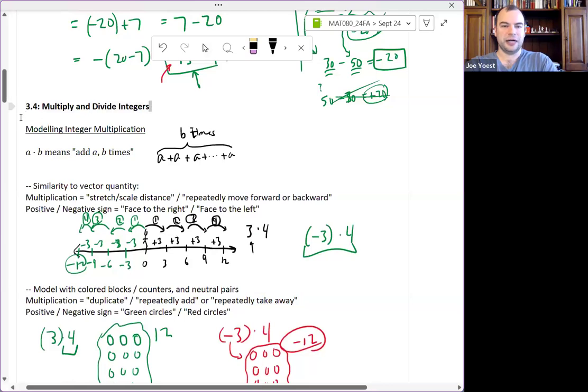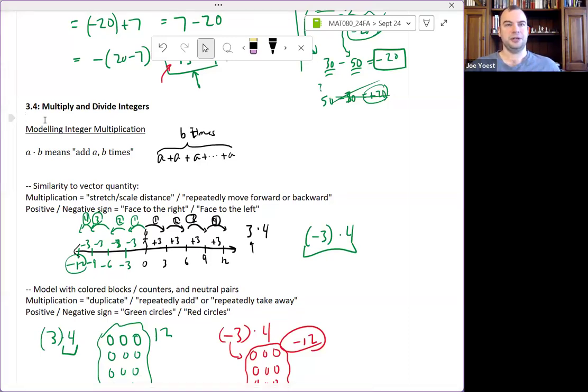So section 3.4 actually went pretty quickly, right? Like, this does rely on the fact that we've covered multiplication and division of natural numbers or whole numbers before. So we are kind of building off of that, right? If you have a weak foundation in that, then 3.4 is going to be difficult.